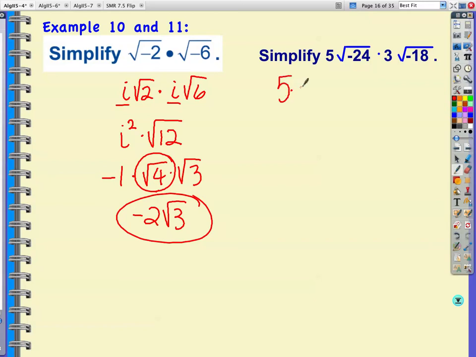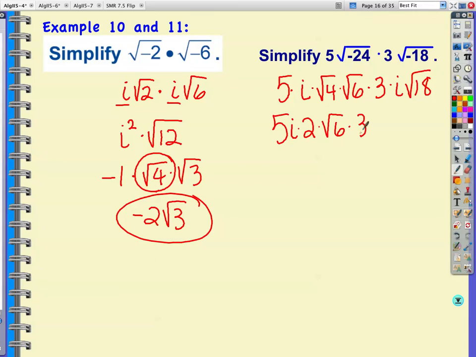Let's try another one here. We've got 5 times i times square root 4 times square root 6 times 3 times i times square root 18. Woohoo! 5i times 2 times square root 6 times 3i times square root 9 times square root 2. I'm running through this one. 5i times 3i times 2, all the non-irrational numbers. 5 times 2 is 10, 10 times 3 is 30.